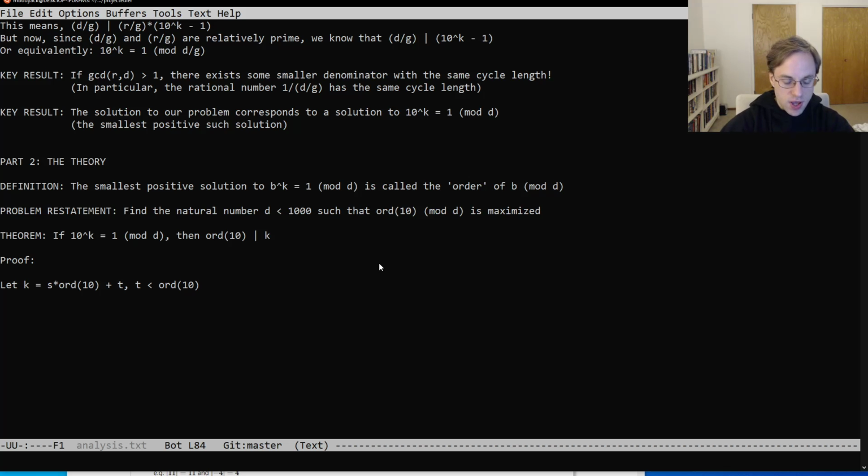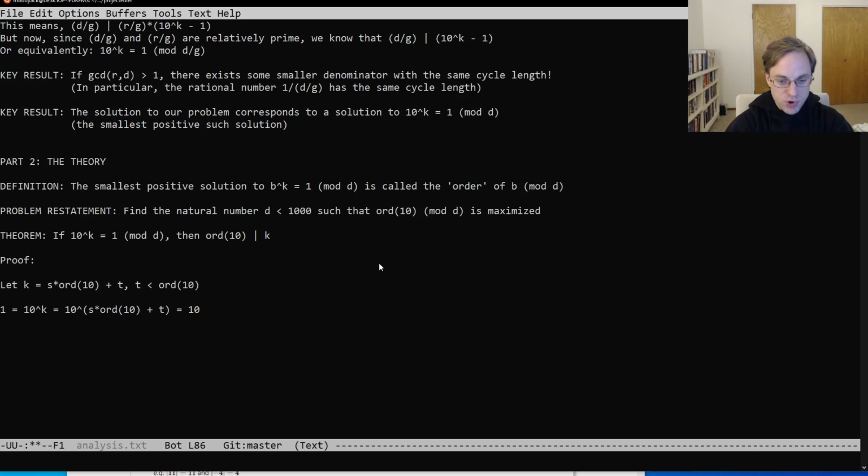Okay, so we know from our theorem's assumption here that 10 to the k is congruent to 1 mod d. So let's write 1 congruent to 10 to the k. And then we can just substitute our expression for k here. So that's going to be 10 to the s times ord 10 plus t.